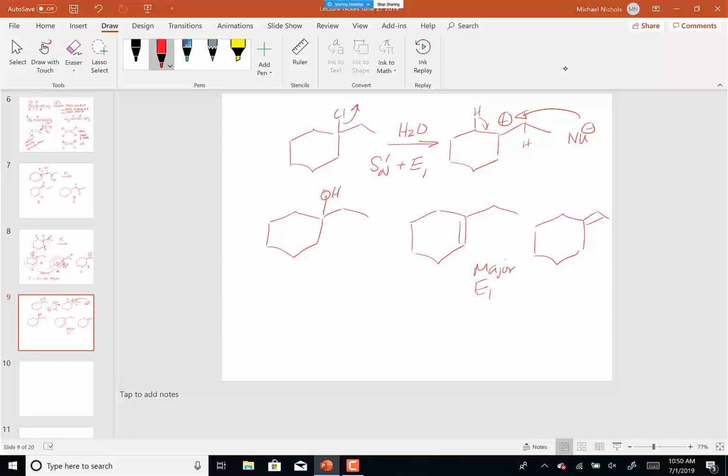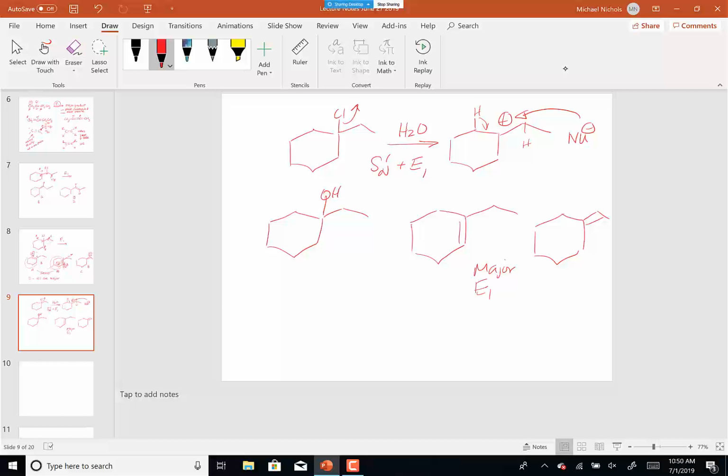So in a problem I'd give you, I'd say, write the major products of the reaction. First of all, identify the mechanism, so you still have to know the chart. If I give you this, you have to say, okay, this one's tertiary plus neutral, SN1, so SN1 plus E1.